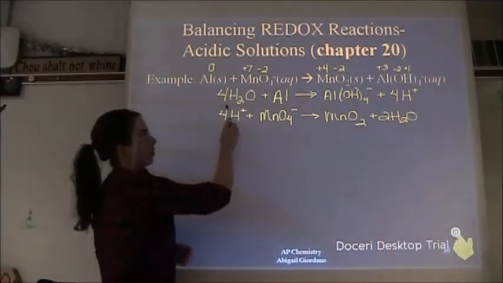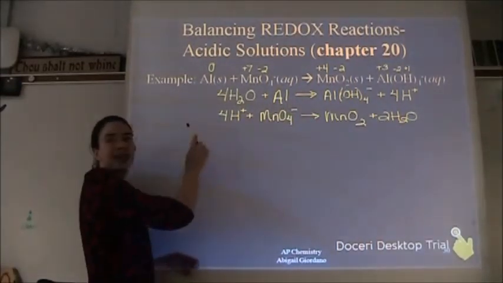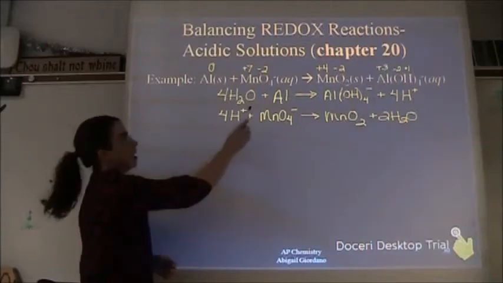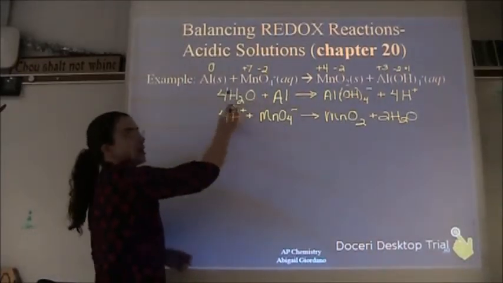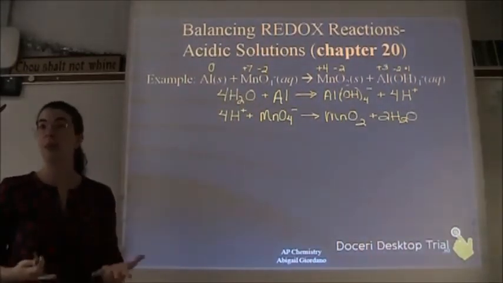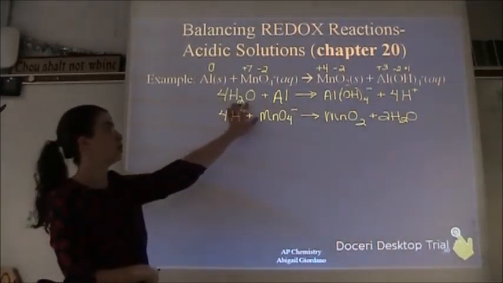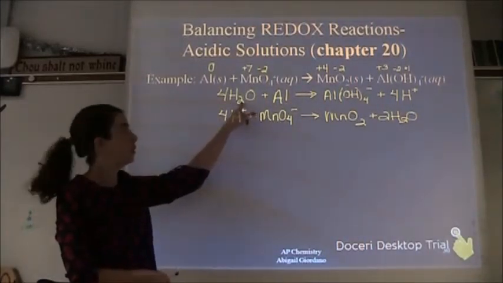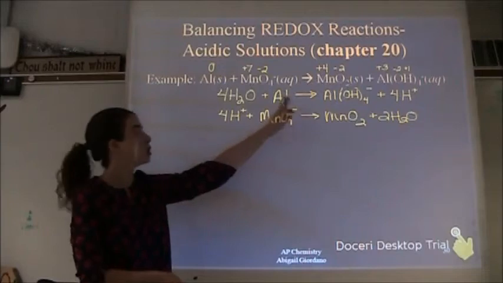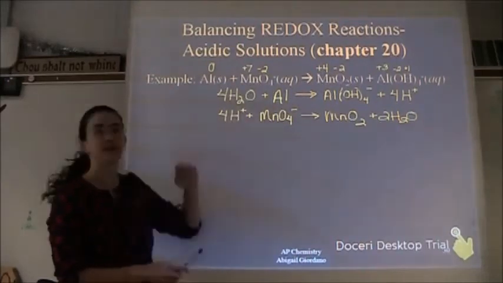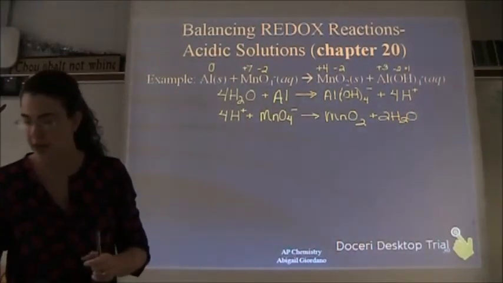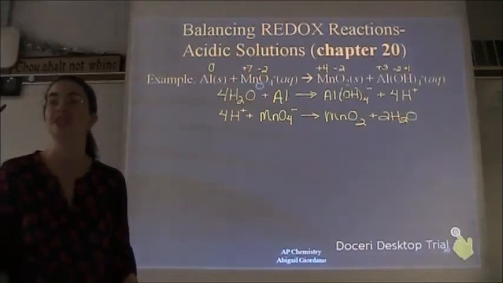I am concerned with the whole left-hand side. Water is a neutral compound. It has an overall charge of 0. So does this. So this entire left-hand side has an overall charge of 0.